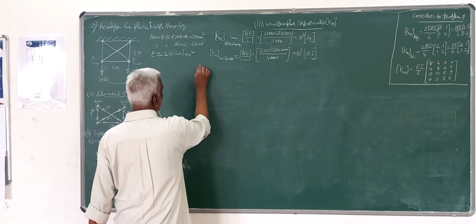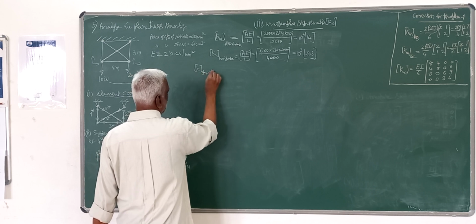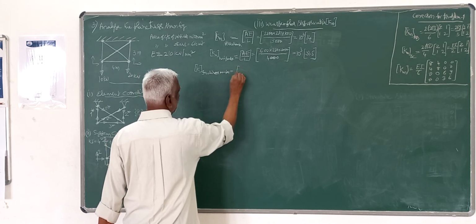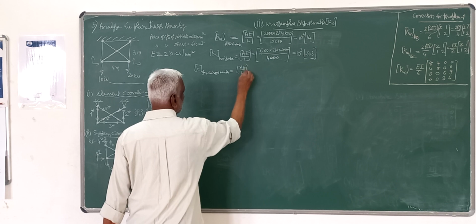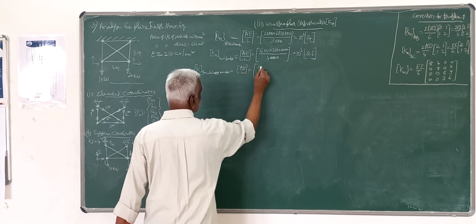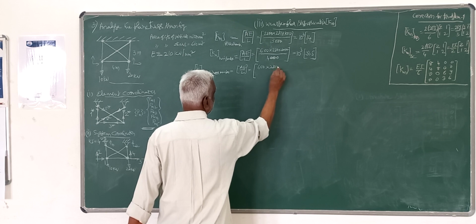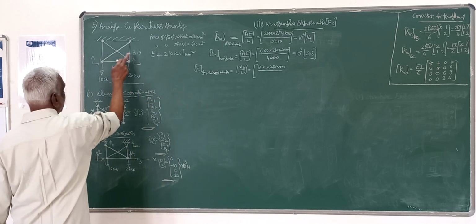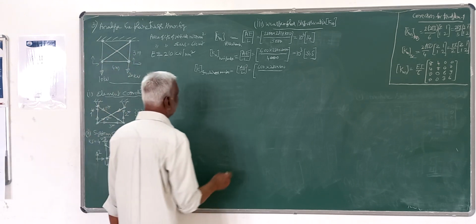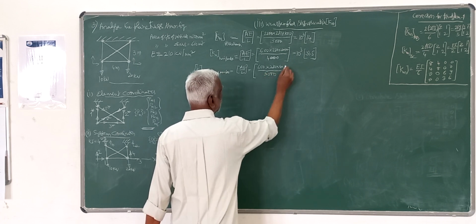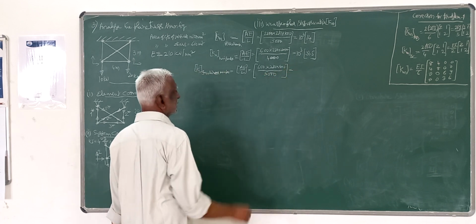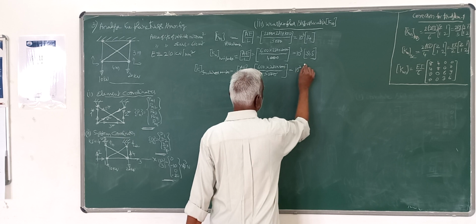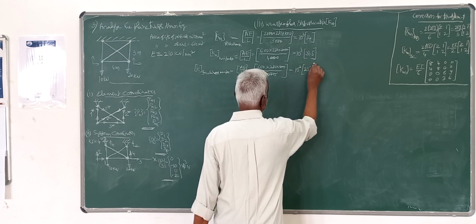Next, K for inclined members. That's again AE by L. So A is 600, E is 210 into 1000, divided by L of this inclined member, that is the square root of 3 square plus 4 square, that is 5 meters or 5,000 millimeters, and that is equal to 10 cube into 25.2.